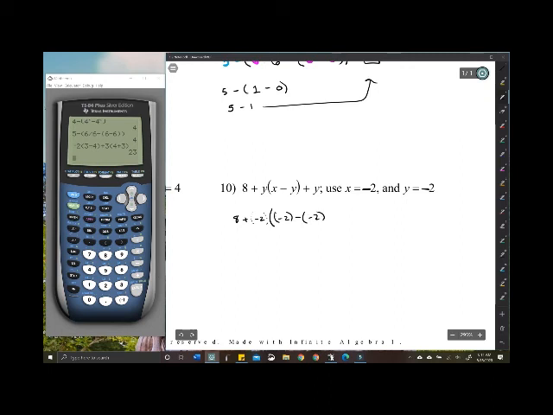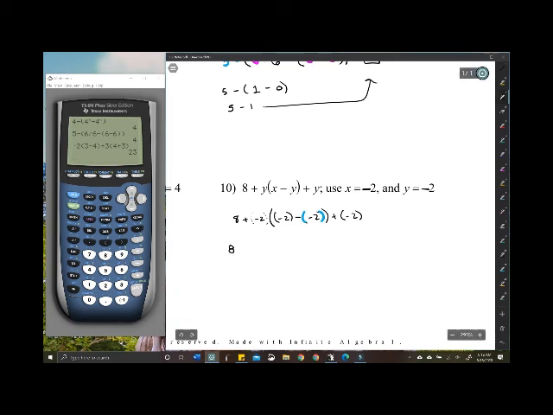So it's minus a negative, and then plus another negative 2. So I know it's a lot of parentheses, but notice, when we do minus a negative, that's going to change it to addition. So that's probably the trickiest thing, if you have to substitute a negative number in.